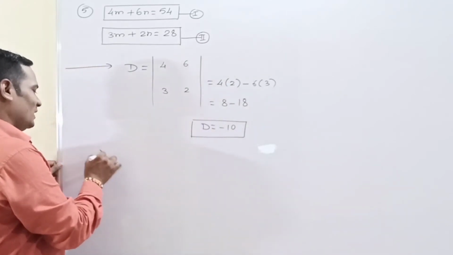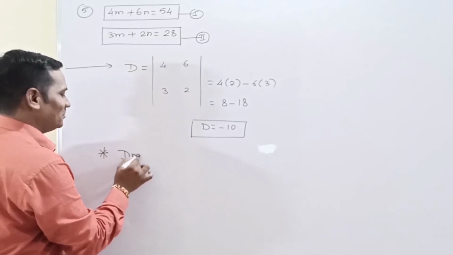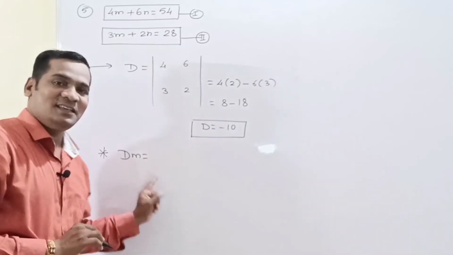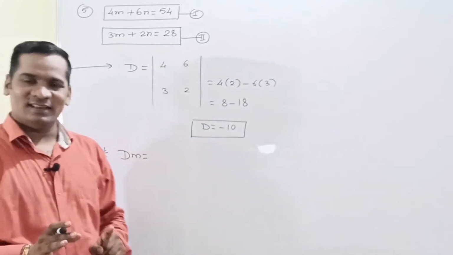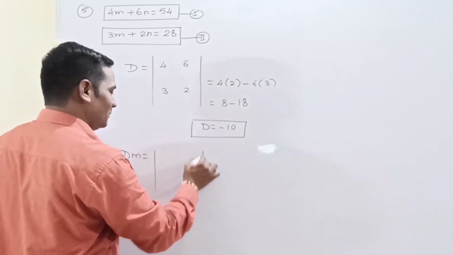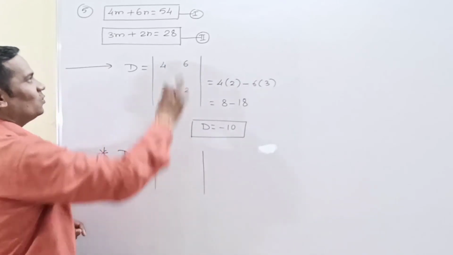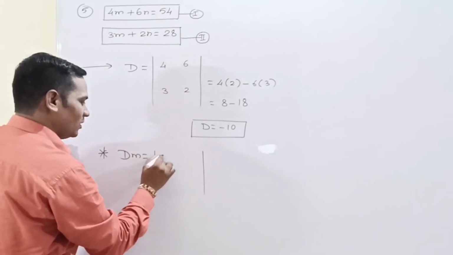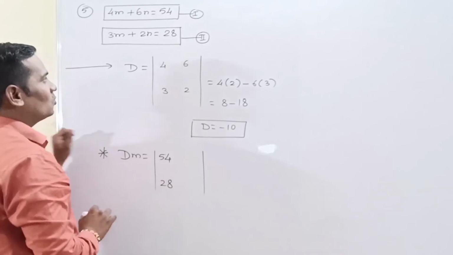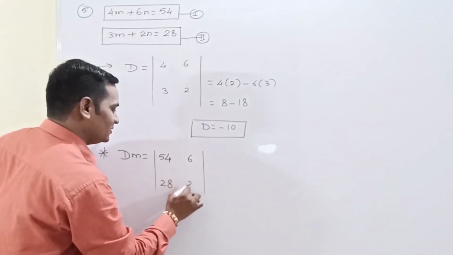So with the star we can write here now Dm. Mind well, look at that. Instead of taking Dx, we have to take Dm now, because which variables are here? m and n. So again we will take the determinant here. Now mind well, in the first Dm we have to take the constants first, in a column. So 54, below that 28. Now the coefficient of the second term, this will be 6 and this is 2.